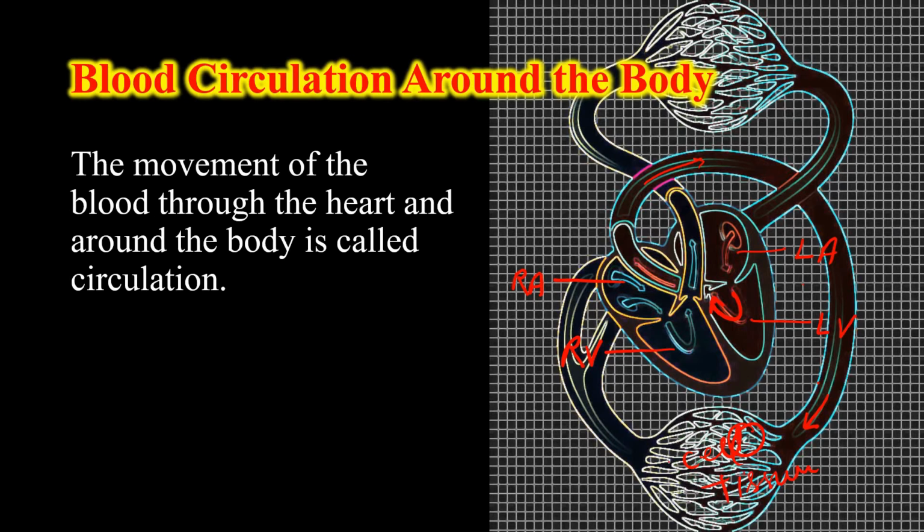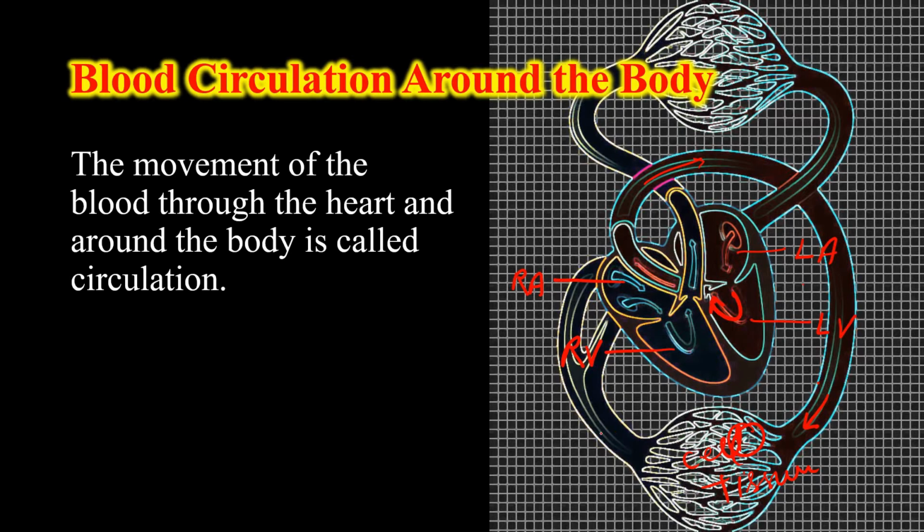And when this oxygen is utilized, the oxygen rich blood is converted into carbon dioxide rich blood, or we can say the oxygenated blood changes into deoxygenated blood.